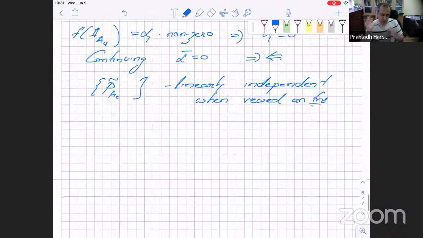Okay, so the P tilde As are a linearly independent system.